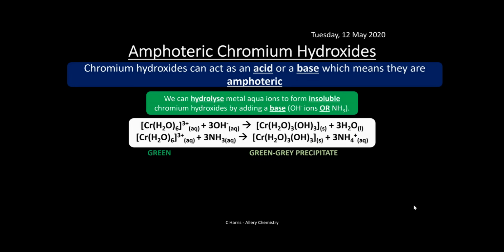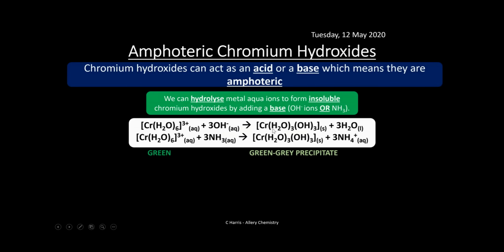So let's have a look at their reactions here, what we're doing. So we've got our hexa-aqua complex here. So this is basically just chromium added to water. So it's chromium solution. We've got this nice green colour. And if we add a hydroxide to it, say sodium hydroxide, so this is a small amount of hydroxide, then what we get is this complex here.